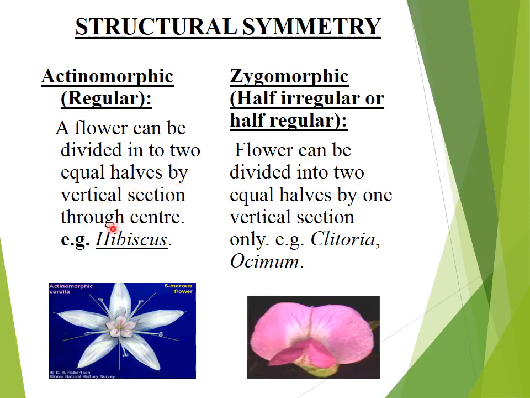Now actinomorphic flowers are radially symmetrical flowers, and when you cut the flower from its center, you can obtain two equal halves from more than one plane. And the zygomorphic are bilaterally symmetrical flowers. The flower can be divided into two equal halves by one vertical section only. Examples are Clitoria and Ocimum.